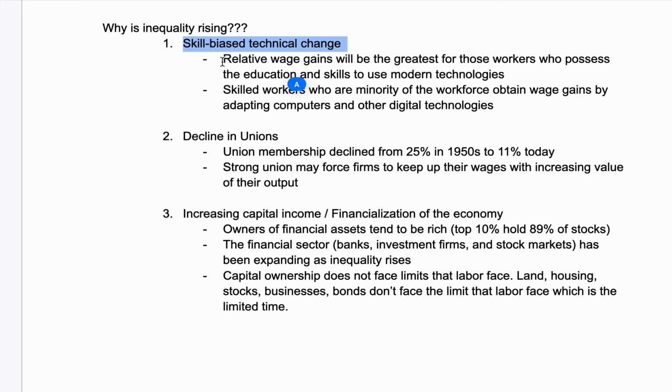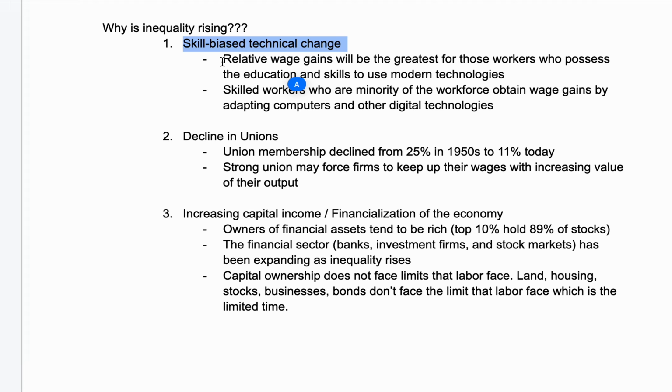And those people who know how to manage them and adopt them in their work life can increase their productivity quite rapidly, which is not surprising. If they can use computers, it's going to be more efficient. They're going to be able to contribute to production way more than people who don't know how to use this. So they can see their income rising.